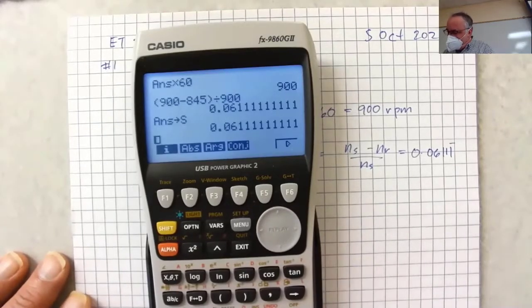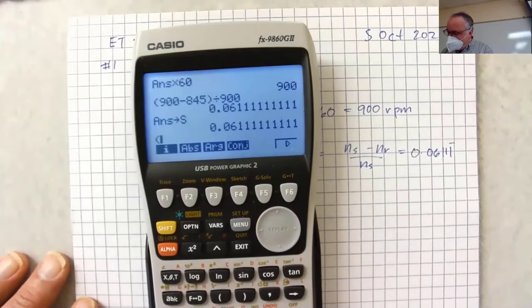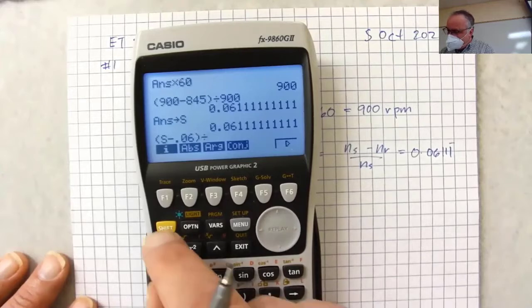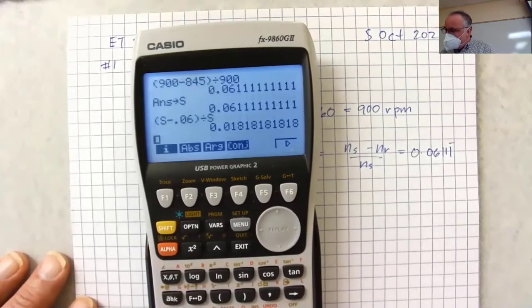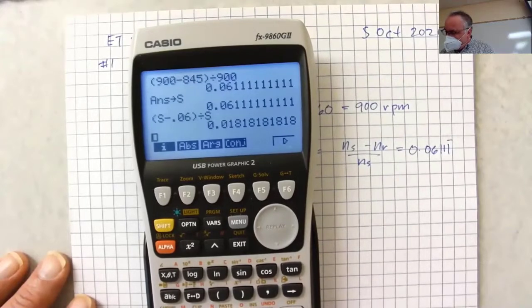If we look at the percent error, though, alpha S minus 0.06 over alpha S times 100 to get to percent.